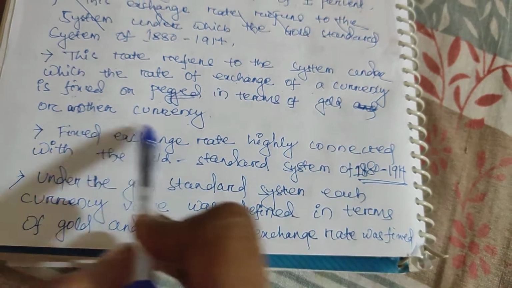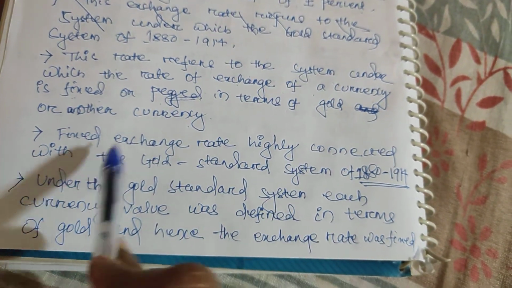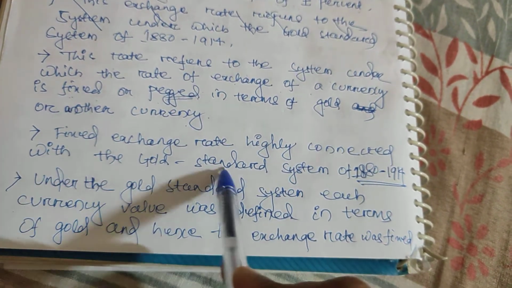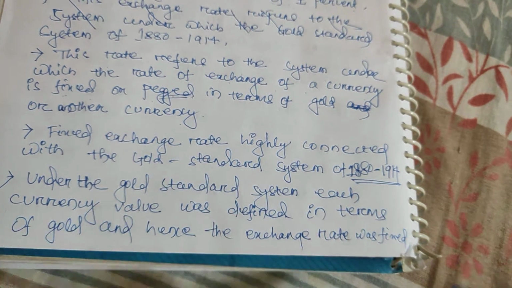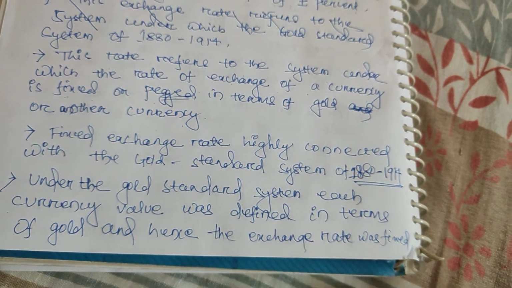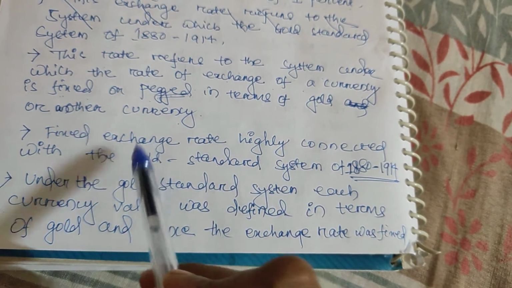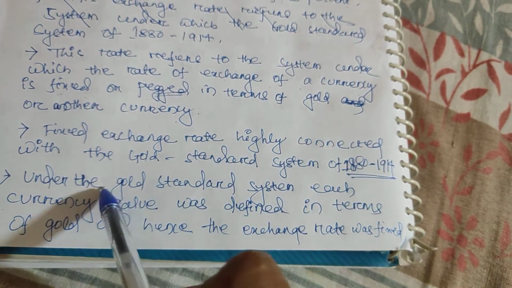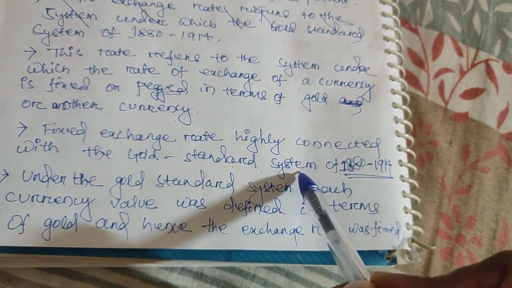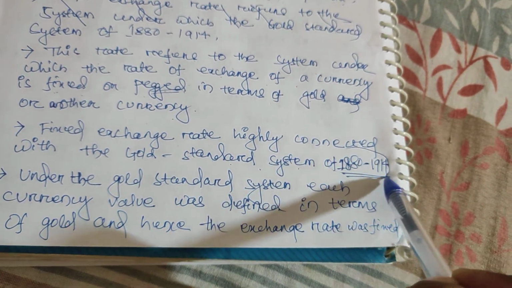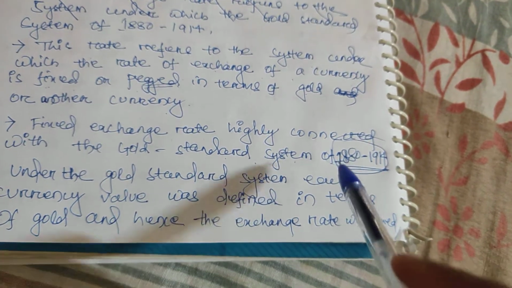In terms of gold or another currency, the typical fixed exchange rate is highly connected with the gold standard system. You can take the gold standard system of 1880s to 1914.